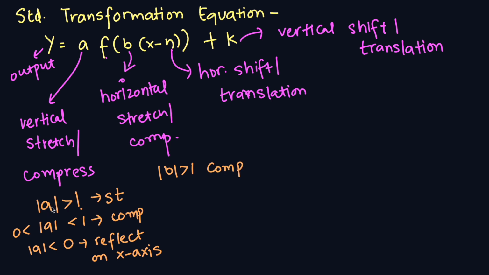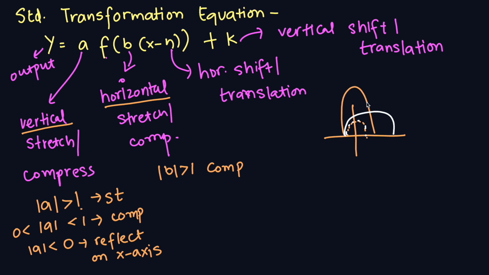Because the difference between A and B is A works for the vertical characteristic and B works for the horizontal characteristic. That means if A is stretching, if your original graph is like this, now it is like this. But if your B is stretching, and this is again the original graph, now the graph is like this.